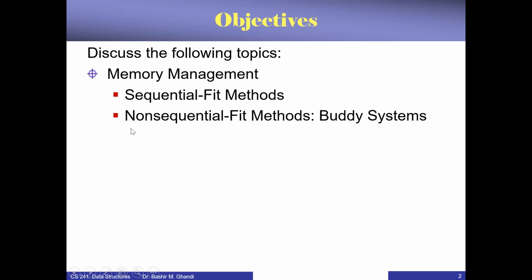We shall explore one particular example of non-sequential fit memory management method, and these are called buddy systems. Okay, the last topic will be about garbage collection. Okay, so hopefully it's going to be a very short lecture. These are the only topics that we're going to study.